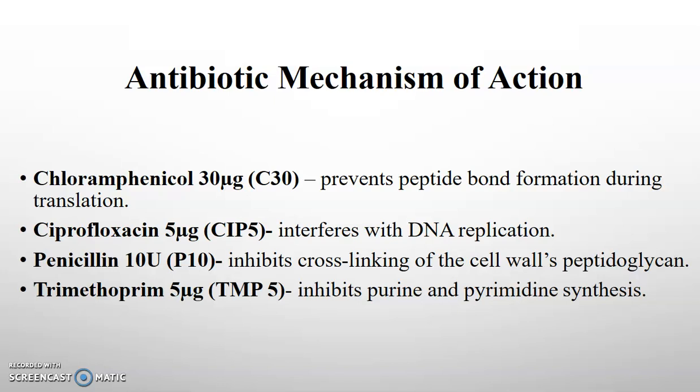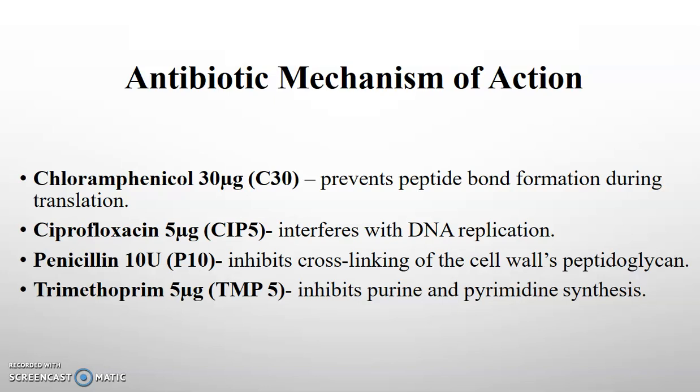But translation is the process of producing a protein, and peptide bond formation is basically the amino acids binding together to form that protein. So chloramphenicol inhibits peptide bond formation during translation, which really means that it stops the synthesis of protein. If bacteria cannot produce protein, they cannot grow and divide, and they do die off.